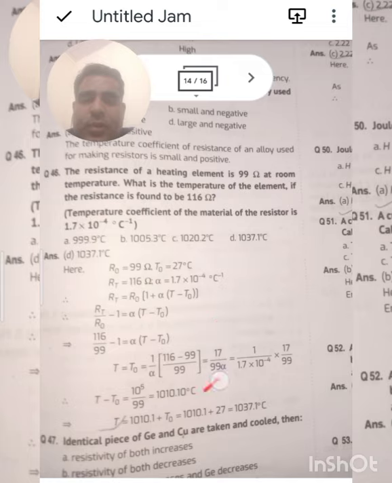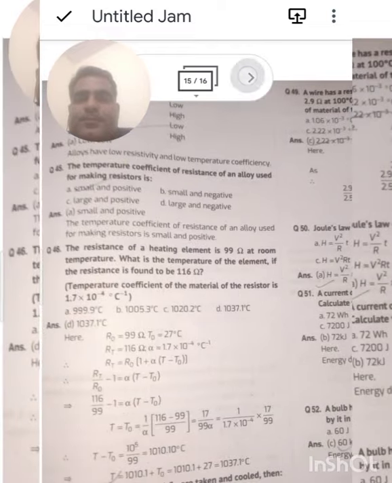You will put the value. So on putting the value, you will get T minus T0 as 10 to the power 5 upon 99, 1010.10 degrees Celsius. T is equal to 1010.1 plus T0, 1010.1 plus 27. Answer is 1037.1 degrees Celsius. After this, we have the next one.